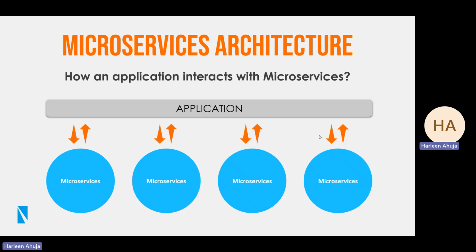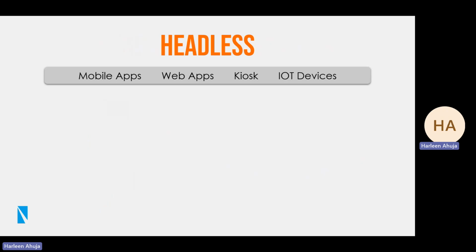Moving on to the next one, which is cloud native. Cloud native technology is an approach of designing, constructing, and operating a collection of small, independent, and loosely coupled services. Such applications are built over the cloud, which takes full advantage of the cloud computing model.